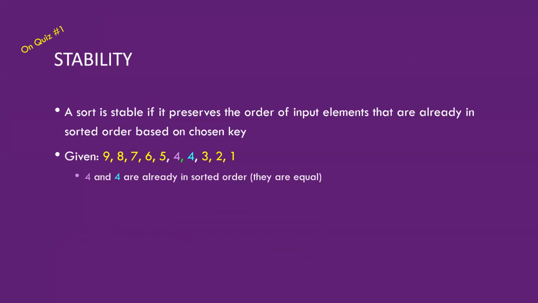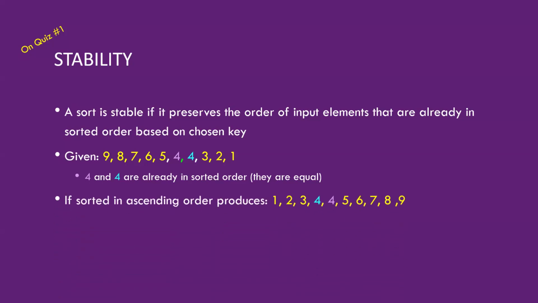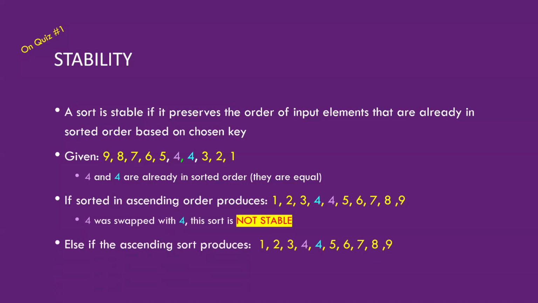So why would we ever want to do that? Well, maybe we only ever want to sort by one thing, the number. But if we want to sort by first name and then last name and then middle initial, we're going to need a stable sort. So you get to pick your poison depending on what you're trying to accomplish. So that's stability, and that is an important concept to know about sorting. Is it stable or is it not?